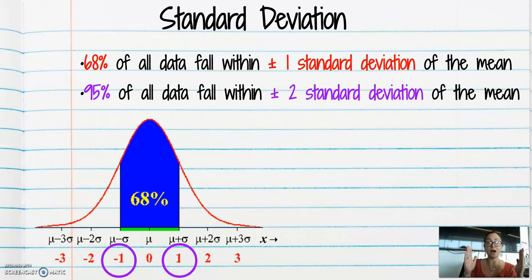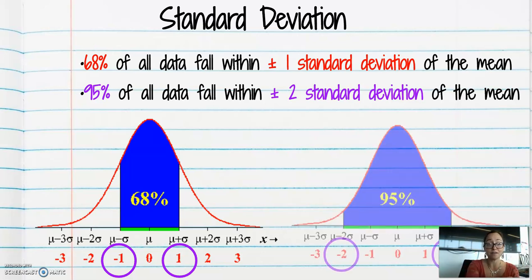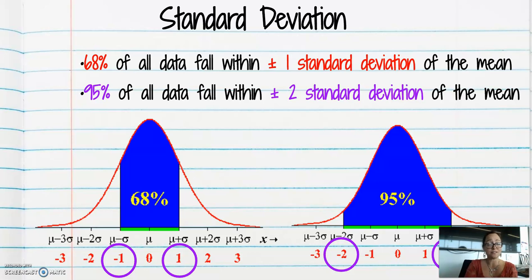So if you sampled 100 frogs and their length of their legs, 68 of those 100 frogs' leg lengths would fall within this range. So you have your average, but then 68% fall within plus or minus 1 standard deviation of the mean. Whereas 2 standard deviations of the mean, plus or minus, would fit 95% of your data.